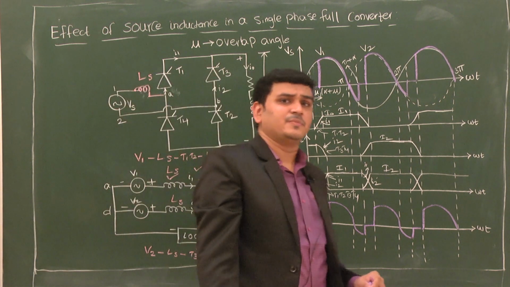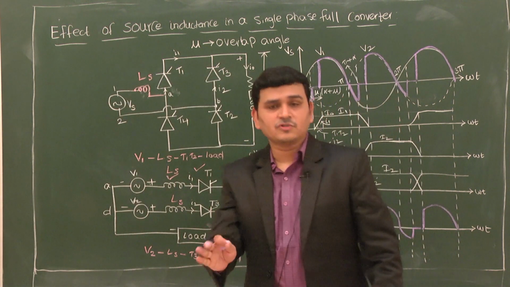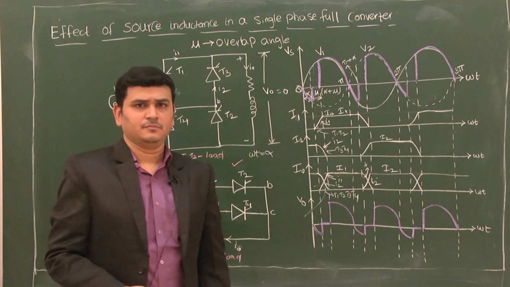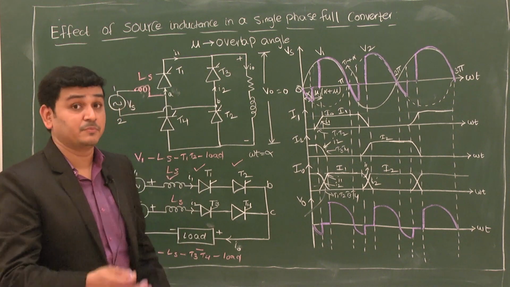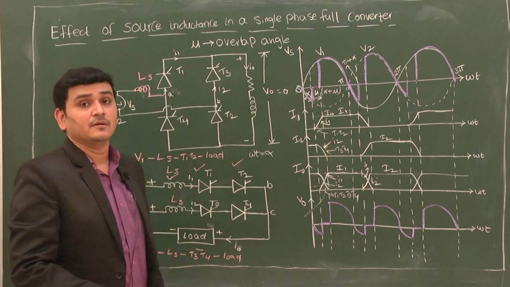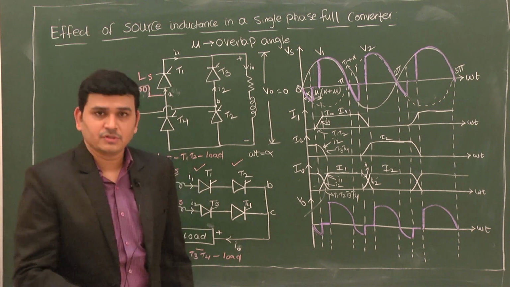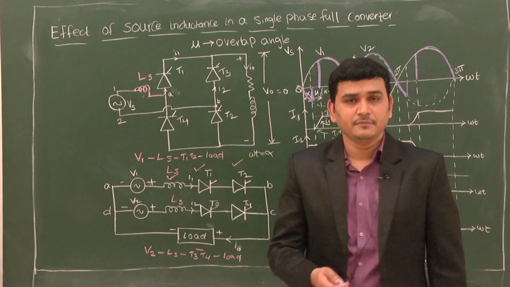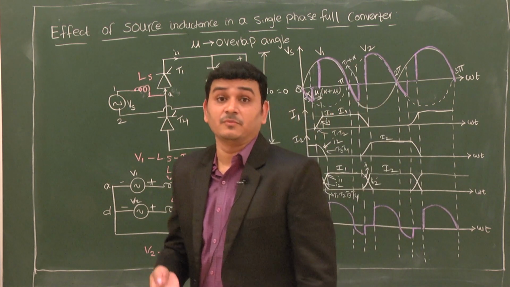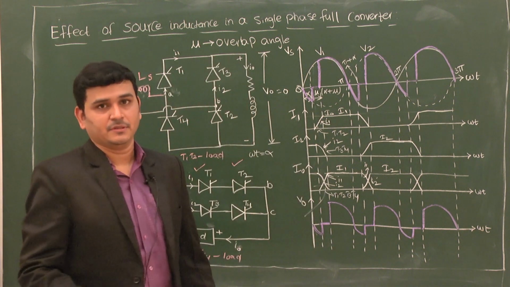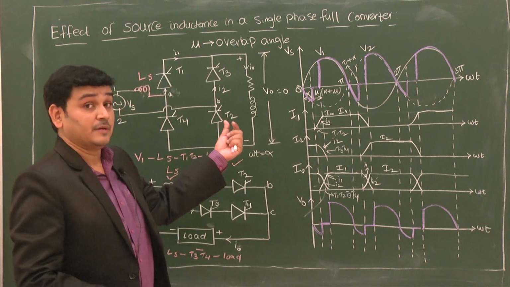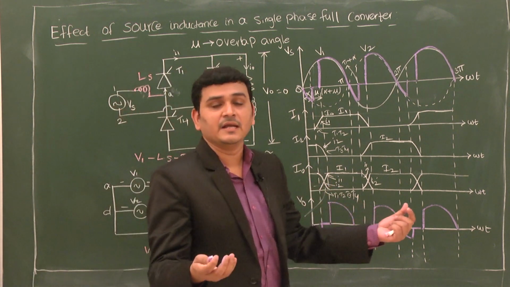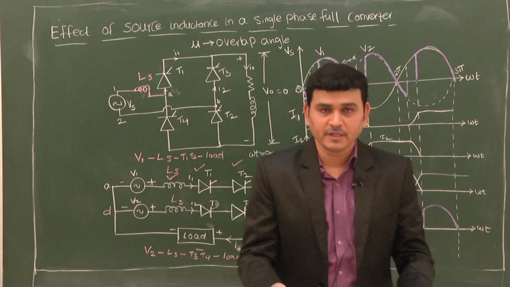So what is the effect created by the source inductance? First, the mean output voltage will be reduced. Second, the current and voltage waveforms will be distorted.